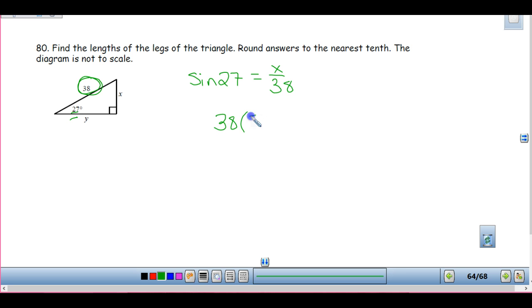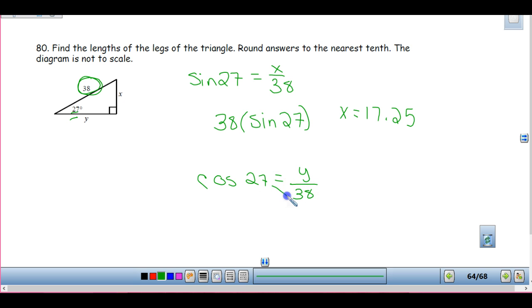So 38 times the sine of 27, we end up with x equals 17.25. y is my adjacent side, so now I'm going cosine of 27, that's my angle, equals y adjacent over 38 hypotenuse. Cross multiply 38 times cosine of 27. We end up with y equals 33.86.